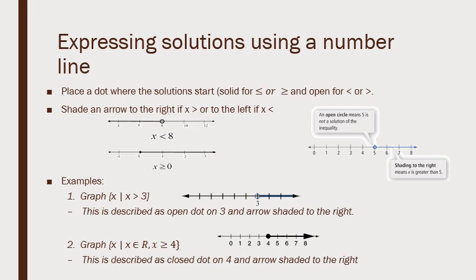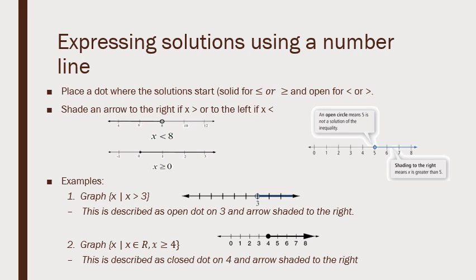If you have only x is greater than 3, everything starting from 3.00001 and up is going to be on the graph, but 3 itself will not be, but it's still the boundary. So you have to have an open circle there representing that it's where the graph starts, but that particular point is not a solution.